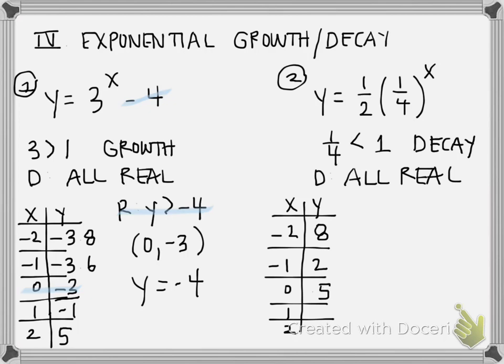If you plug in a 1, you're going to have a 1/8, which is a 0.125. If you plug in a 2, you're going to have 1/32, so it's going to be 0.03125.